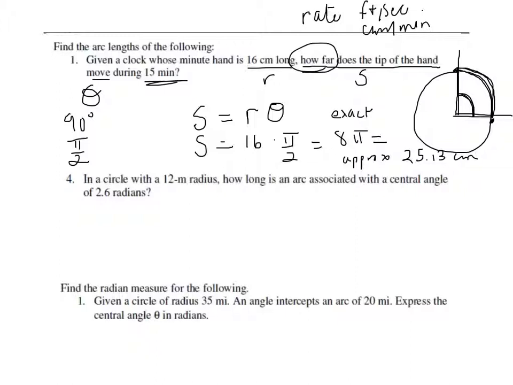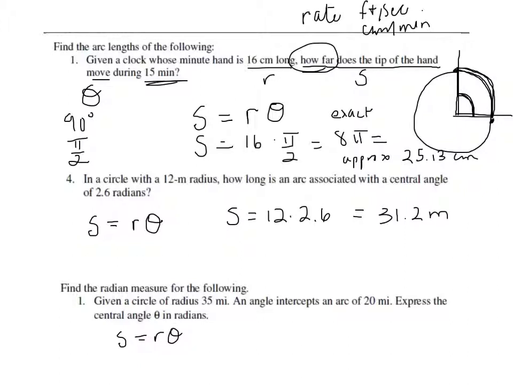In the circle with a 12 meter radius, these were not particularly interesting problems again. You still start with S equals R theta. The central angle is 2.6, so I have S equals 12 times 2.6, which you should have figured to be 31.2 meters. Okay, same deal here, not a particularly interesting question. You probably got it done very quickly.